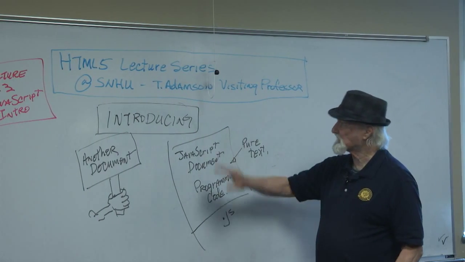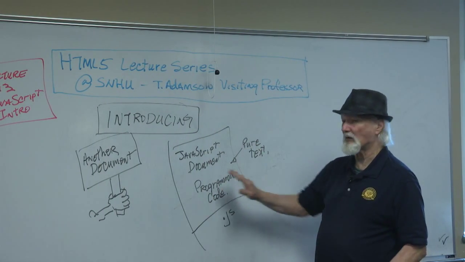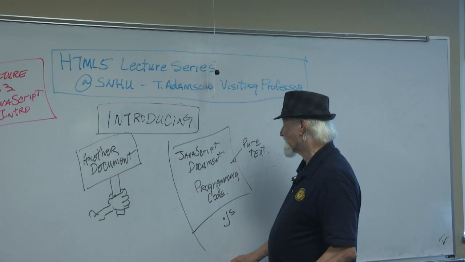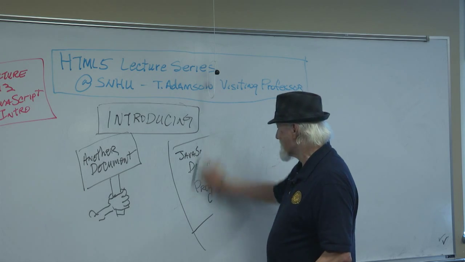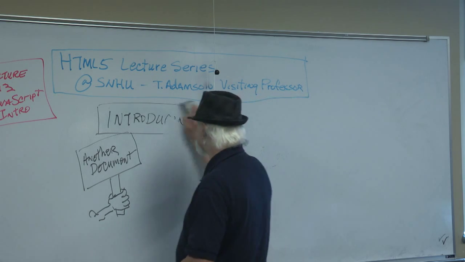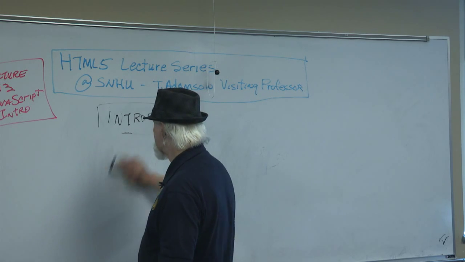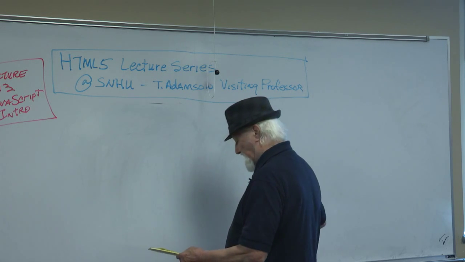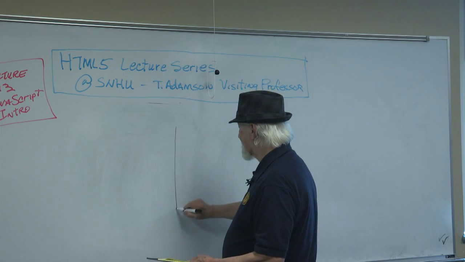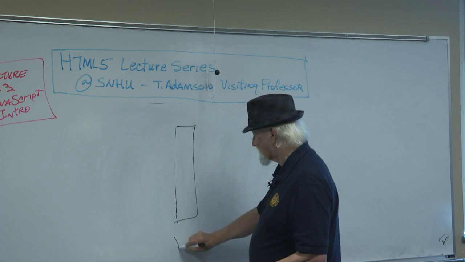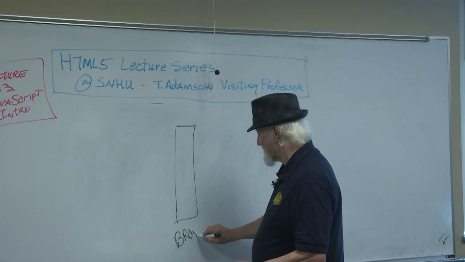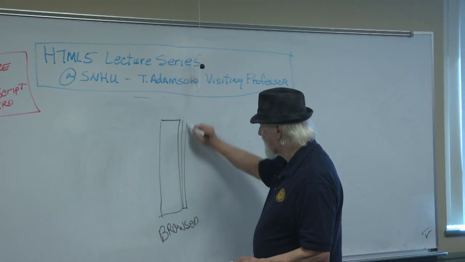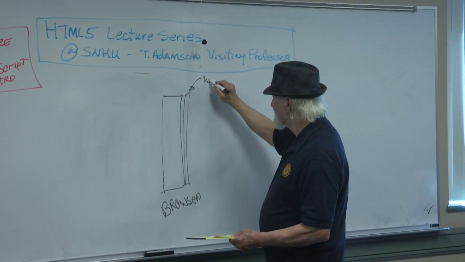Okay, so what does this mean in terms of our overall browser? Well, here's what it means. I'll show you what it means here. Let's take, for example, here's our browser on our client. This is our browser. Here's the resulting web page that the client sees.